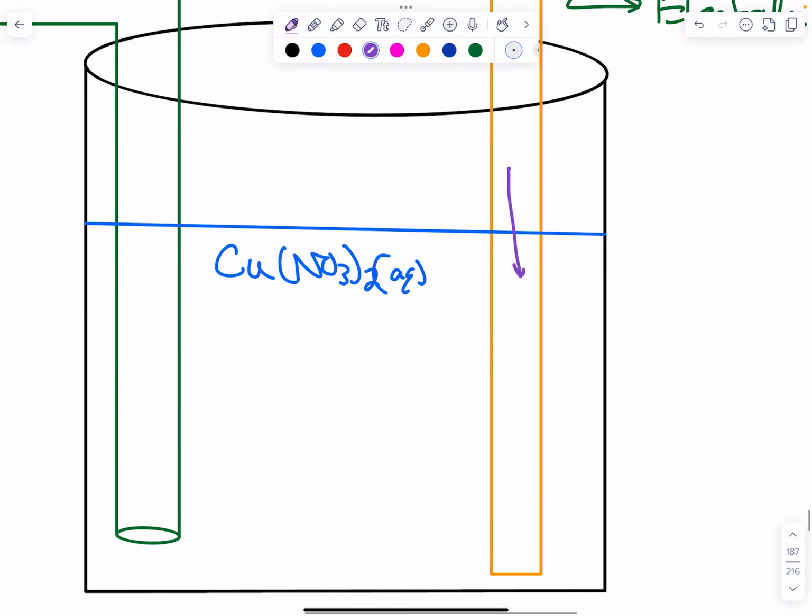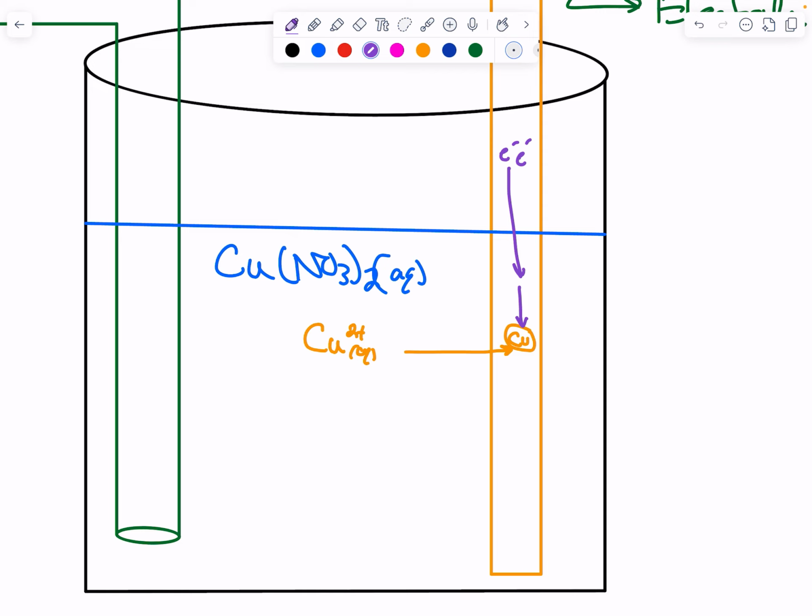And you're going to have Cu 2+ in solution, and that's going to adhere to the surface and become solid Cu. These electrons are going to go to that copper. That makes sense? So that's what was happening.